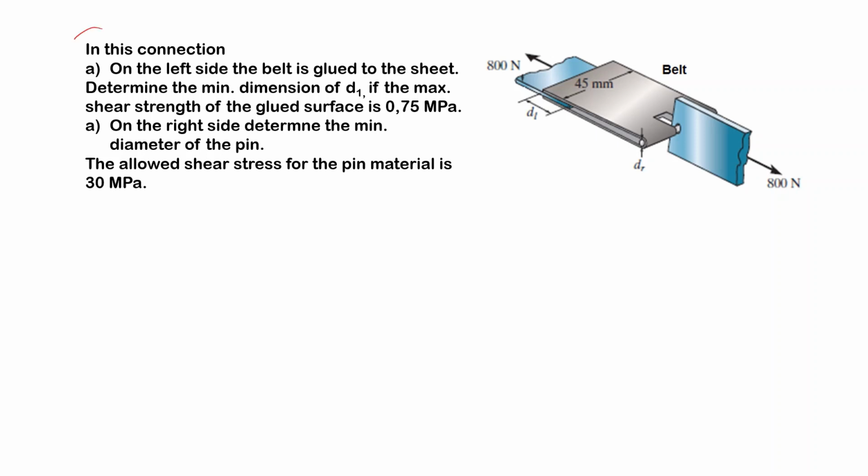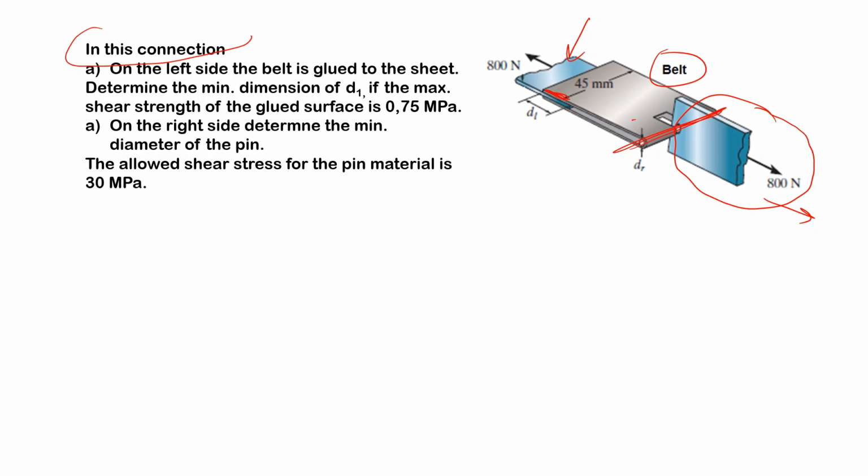In our last problem, we have a connection. On the left side of the connection, the sheet is glued to a belt, and this belt is connected with the help of a pin to the sheet on the right side. What is asked?